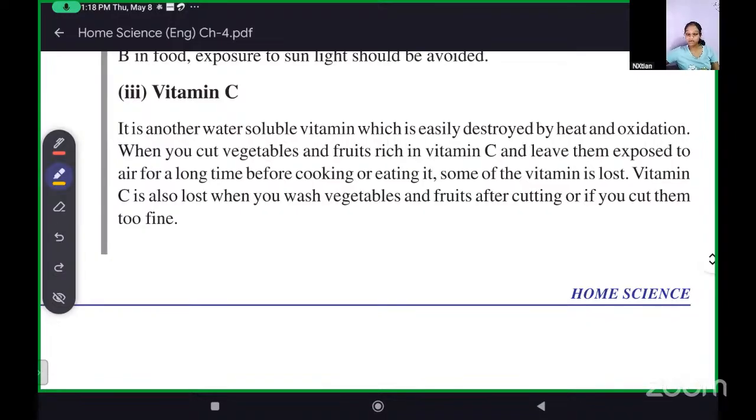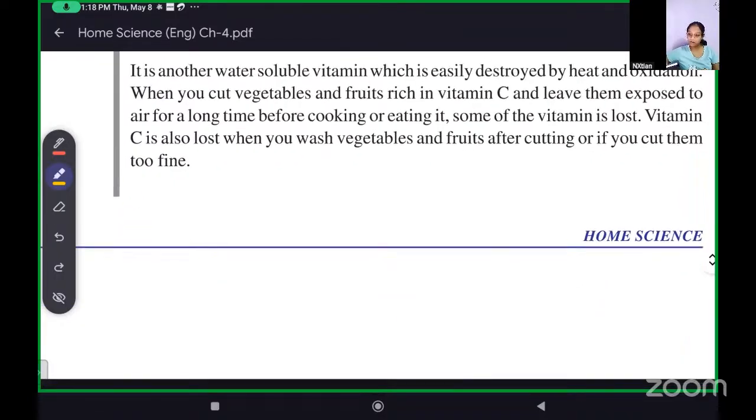If you wash it after cutting, then also it will lose the vitamin. Why? Because it's water soluble, right? It'll get dissolved in the water, and then when you drain it out, it will be drained out. So put vitamin C and write these four reasons, why vitamin C loss can happen in food.